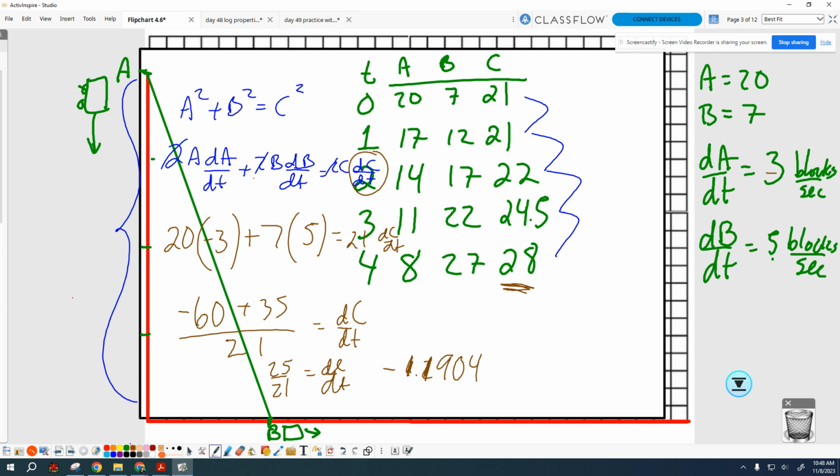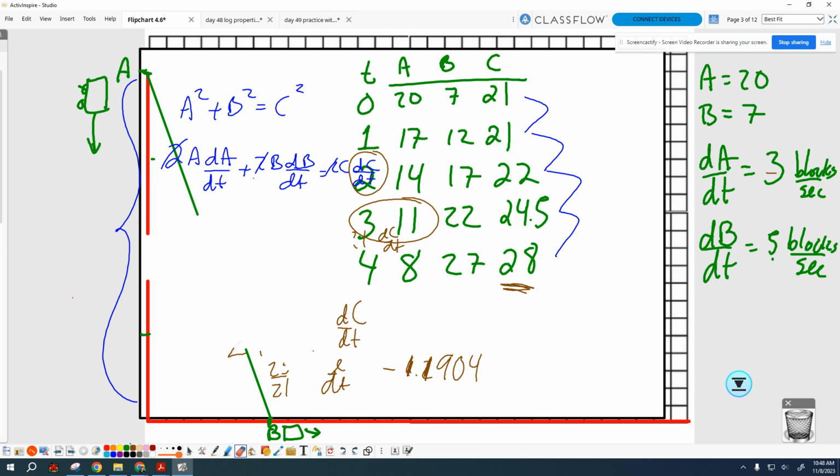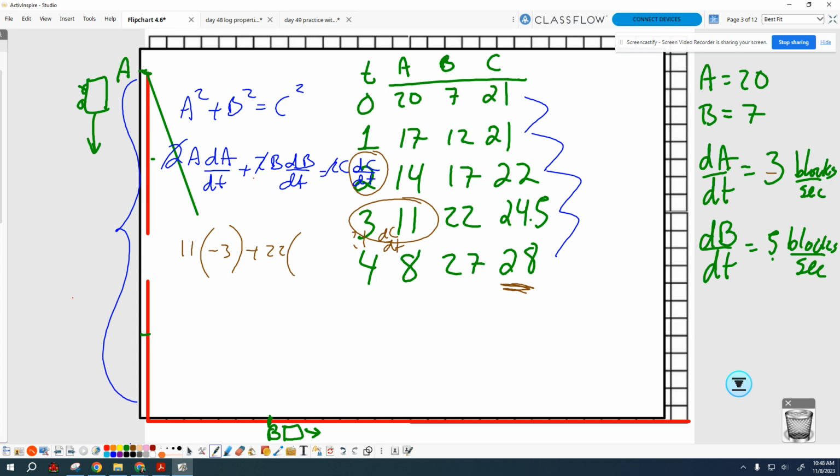So we could check these coordinates and say, well, at time 3, when it was 11 and 22, let's try that. At time 3, what's going on? A was 11, and the change in A is still -3. B was 22, and its change is 5. C was 24.5.